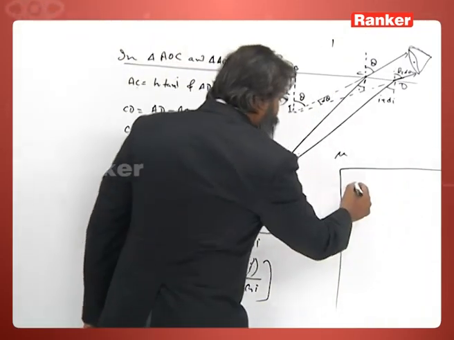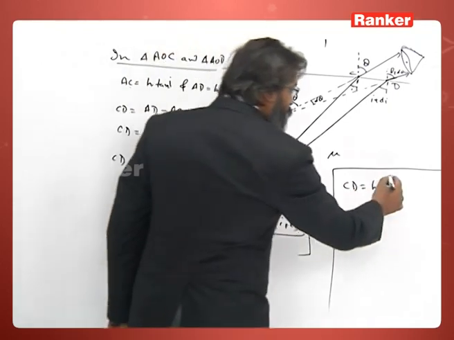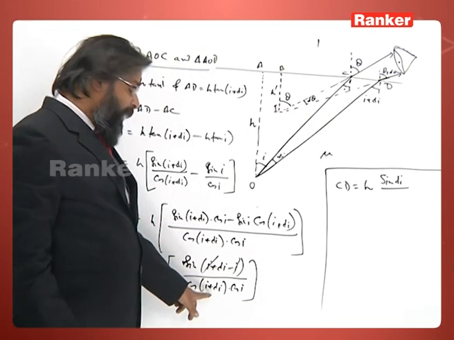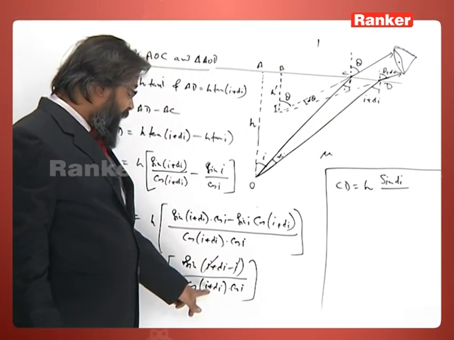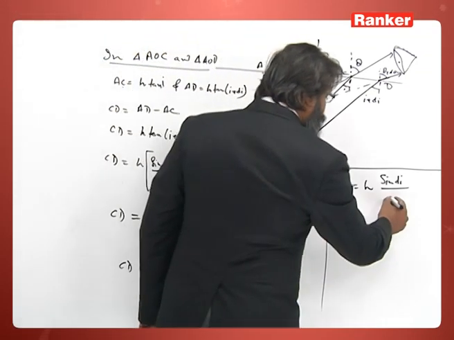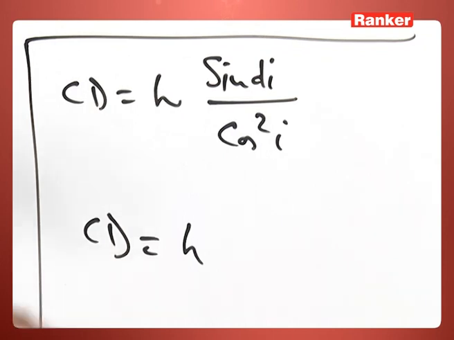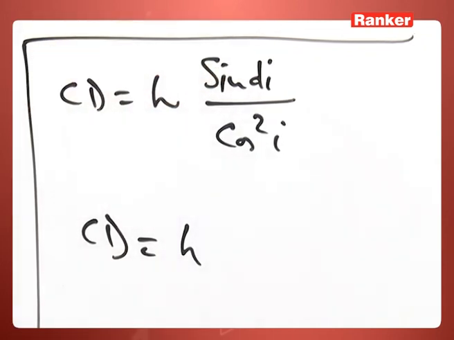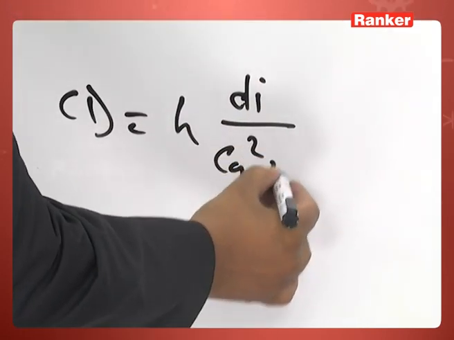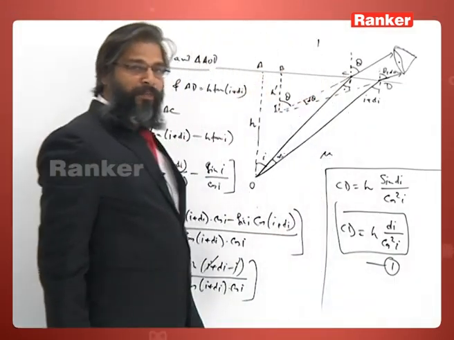CD is H times sin DI by, now here cos(I plus DI) is so small a change that I can neglect this DI. So I will get cos I into cos I, which is cos square I. Now DI is a small angle, so sine of a small angle is that small angle itself. CD is equal to H DI by cos square I. So this is a very important result. Let it be written as equation number 1.